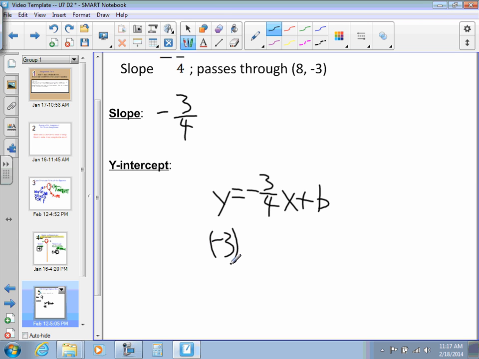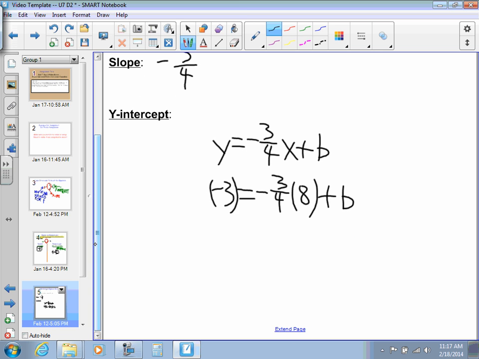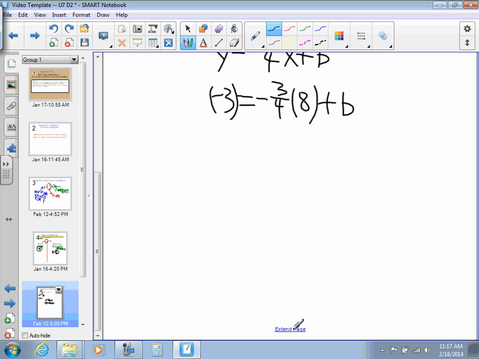So I'm going to substitute now. Negative 3 equals negative 3 over 4, and then for x I've got 8, plus b. Okay, so now I just need to solve this.